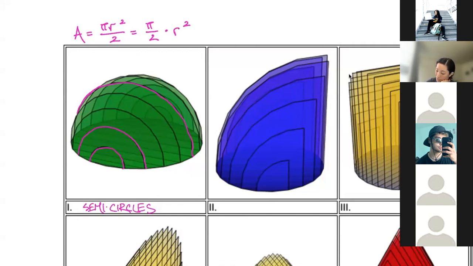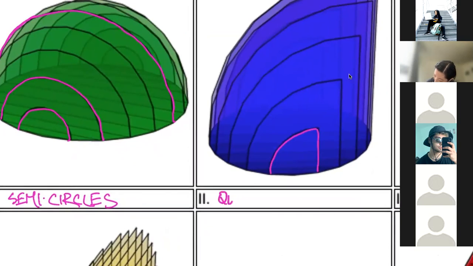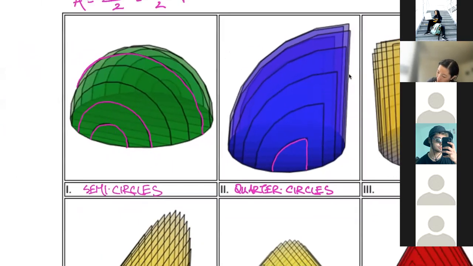All right, so we have a semicircle here. What about here? What are these cross sections? Yeah, these ones are quarter circles. All right.